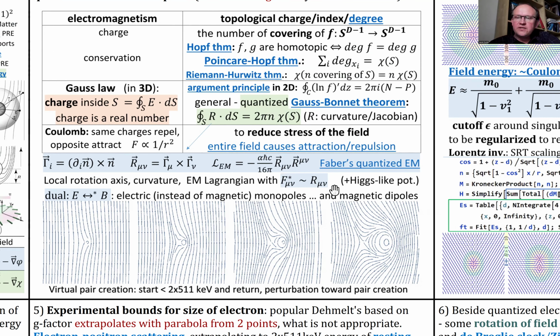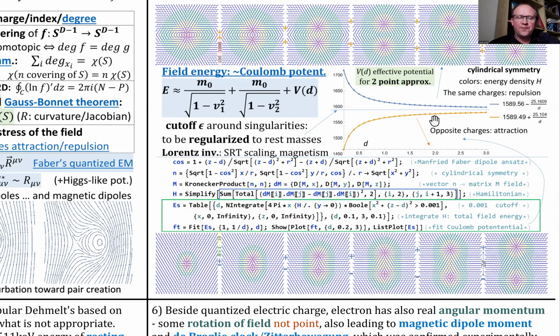Here is a calculation that indeed we get a Coulomb potential as effective. We take two topological charges at various distances. Here are the same, here are the opposite, and calculate the energy of such a system by integrating the Hamiltonian as the sum of squared curvature as previously. So here is the Hamiltonian.